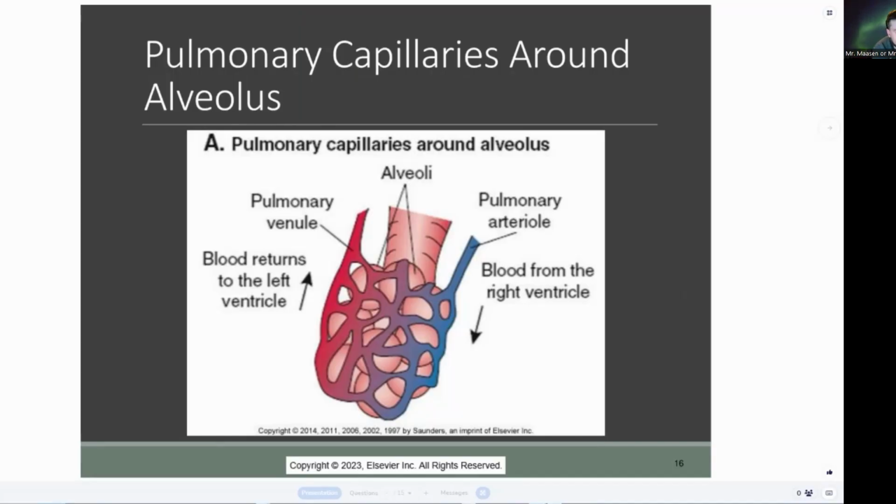Basically, the pulmonary circulation comes from the right side of the heart as an artery because it's going away from the heart, but it's oxygen poor. It makes a capillary around each alveolus, does the gas exchange, and then the blood returns to the left side of the heart. So it can get pumped to the rest of the body and bring the oxygen.